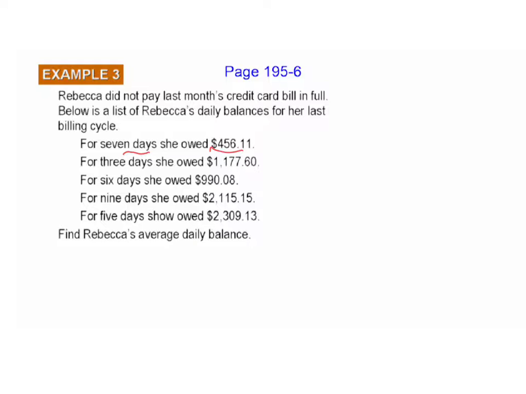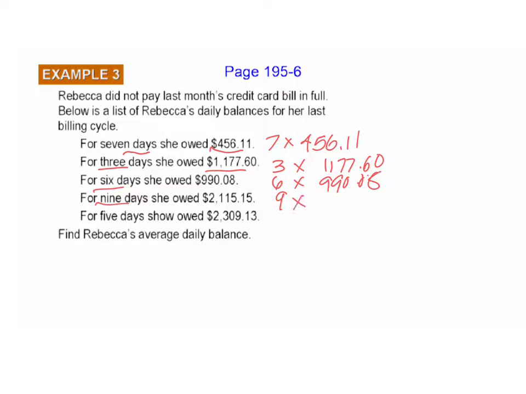So we have 7 times 456.11. And then we have 3 times 1177.60. And we have 6 times 990.08. 9 times 2115.15.